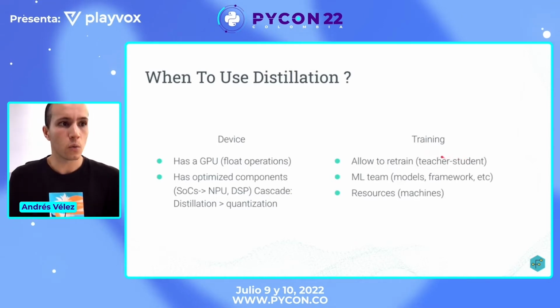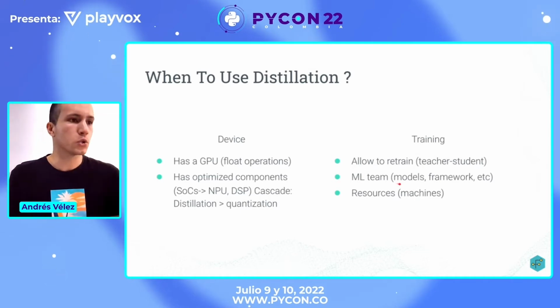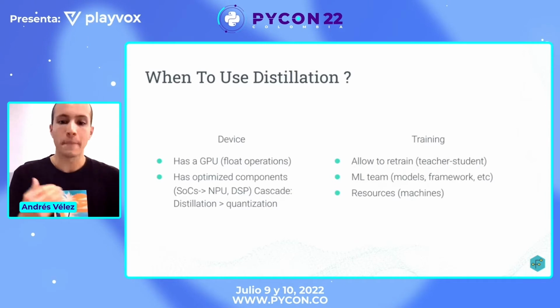You need to define what is going to be the teacher, and also the student. Additionally to this, you will need a machine learning team in order to handle the teacher and the student models, propose different combinations, and also to code the module which is in charge of doing the train and validation steps.